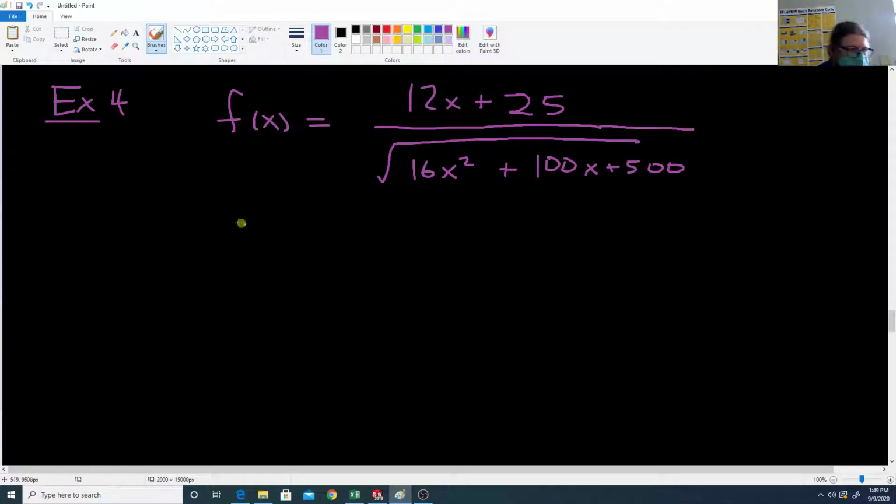And we want to find the limits at positive infinity and negative infinity.